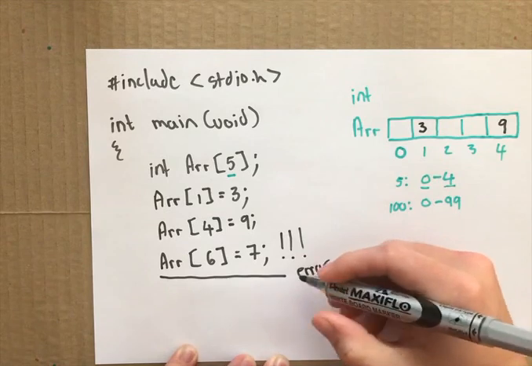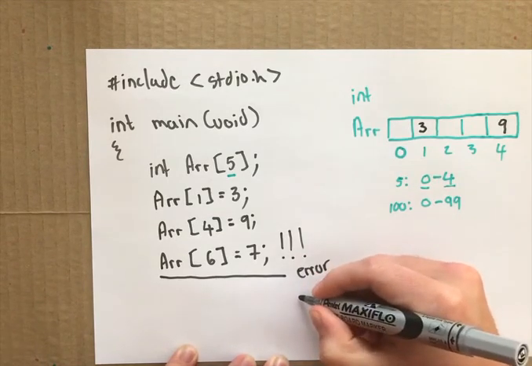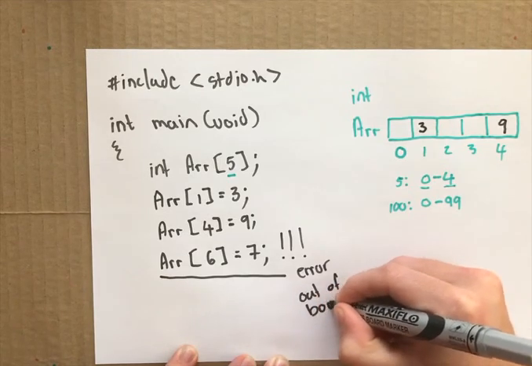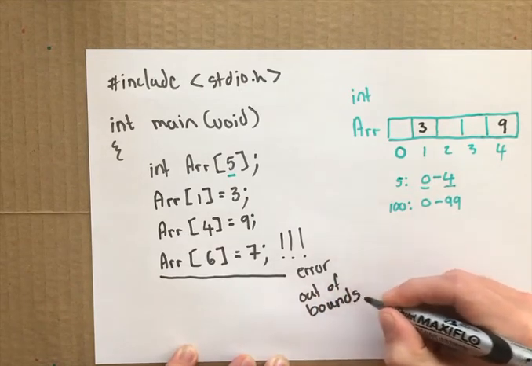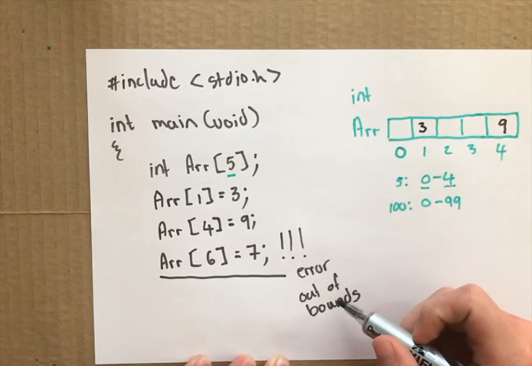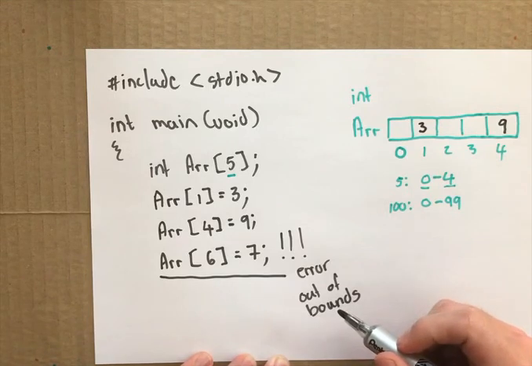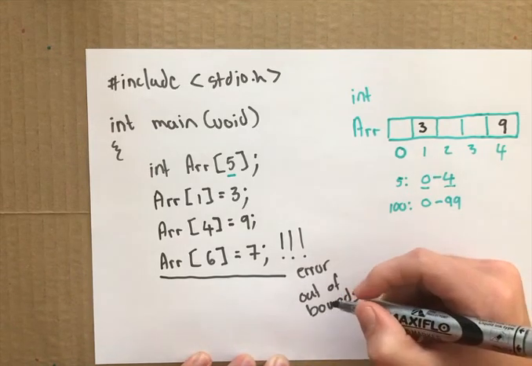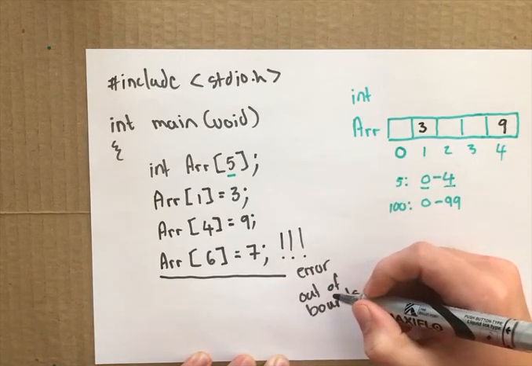A lot of compilers will give you an explicit error of out of bounds. Out of bounds means outside the boundaries of this array. This is not a normal error like a syntax error, but an out of bounds error.